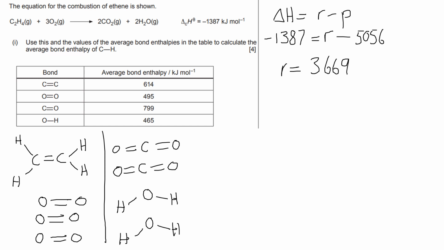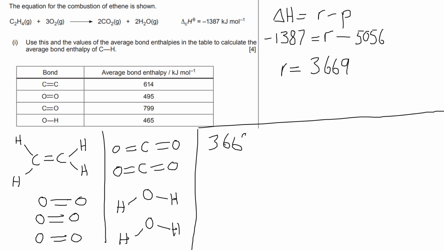But the 3669, which is R, must be made up of the C to C, which is 614, the 3 lots of the oxygen, which is 3 lots of 495, and 4 lots of X, or N, let's call it N because that looks better.